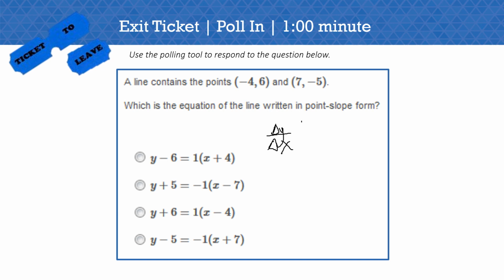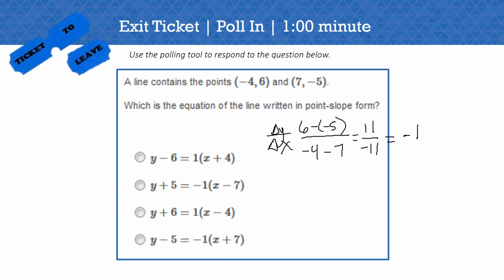So we have here a 6 minus a -5, and then I have a -4 minus 7. Let's get our slope. Right here, our slope becomes a +11 over a -11. So what does that mean our slope is? You got it. Our slope is going to be a -1.